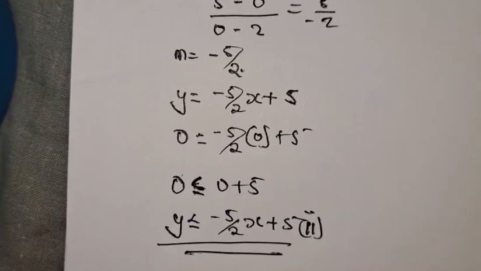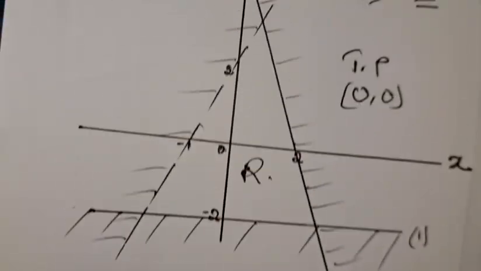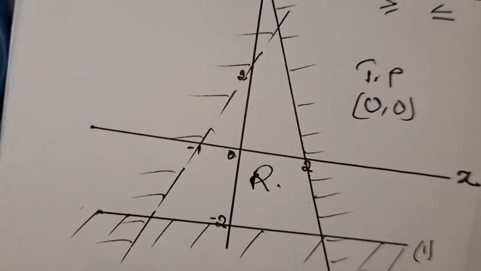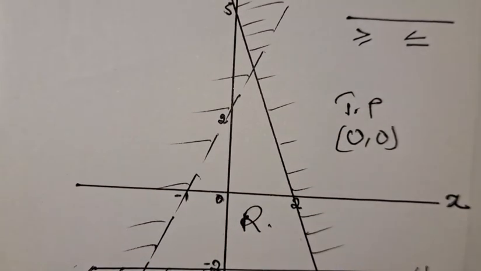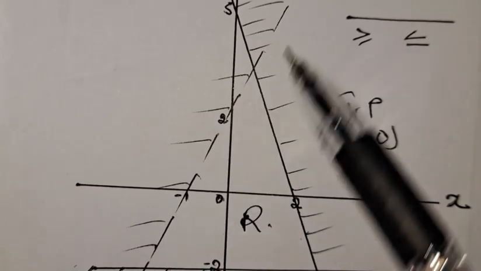We remain with number 3. The third one, which is this line here. Again, for this line, you have to pick 2 points where this line is passing.